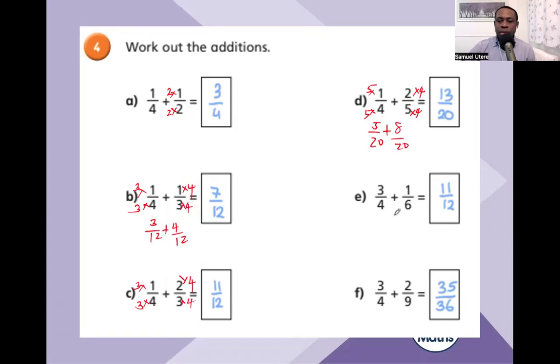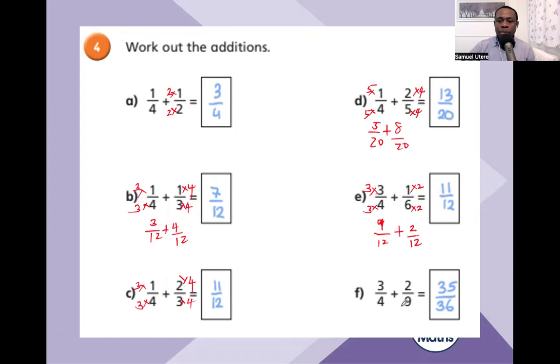Here, the lowest common multiple is 12, so we'll multiply that by 3, same that by 3. Whatever you do to the denominator, you have to do it to the numerator. That by 2, and that by 2. So now you have 9 over 12, add 2 over 12, which will give us 11 over 12.